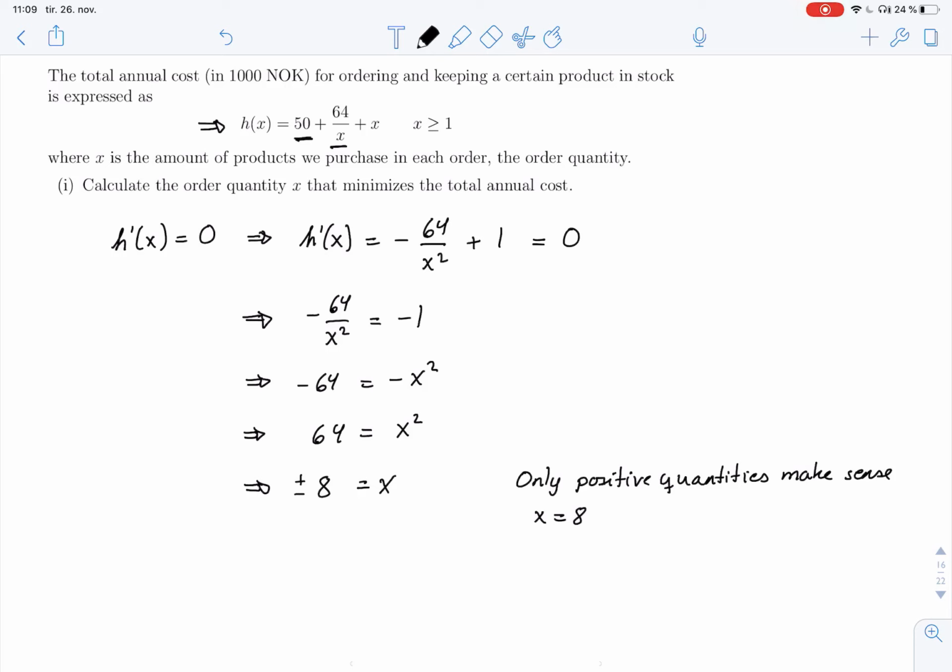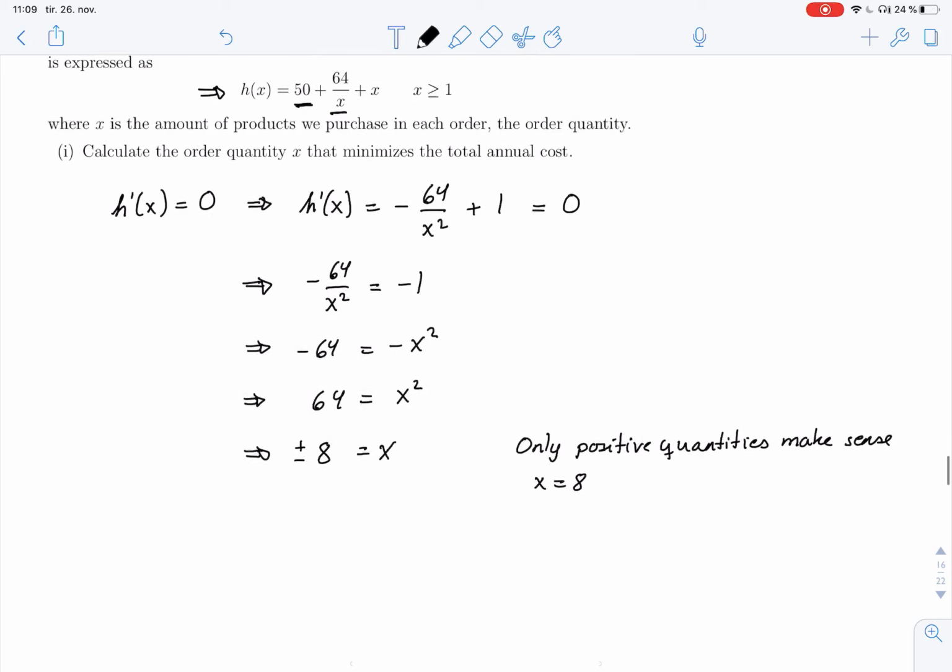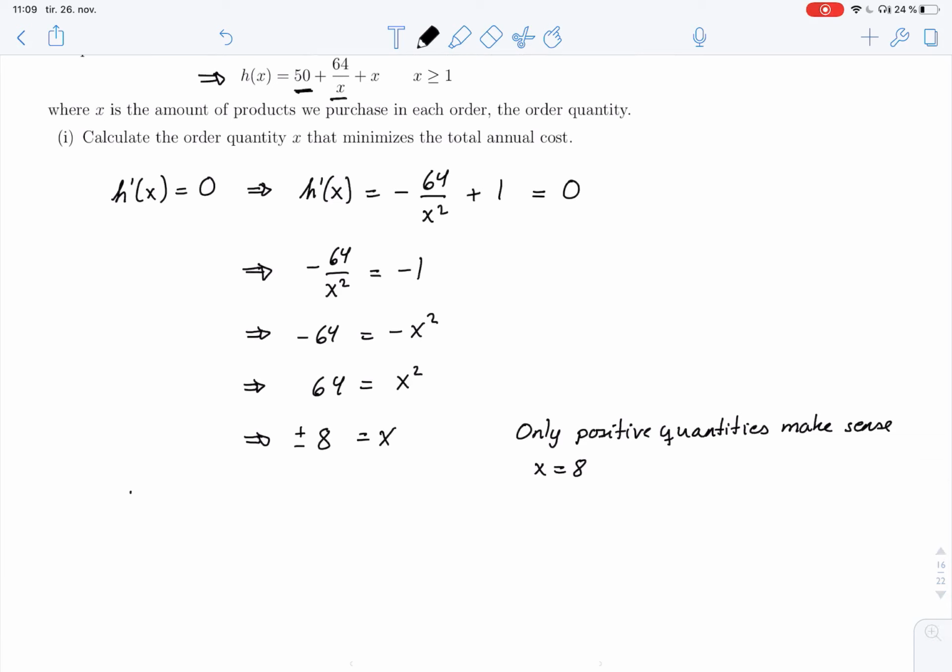Calculate the order quantity x that minimizes the total annual cost. The thing is that I don't know if this is a minimum or a maximum at this point. So I want to use the second derivative test, because I need to figure out if it's a minimum or maximum.